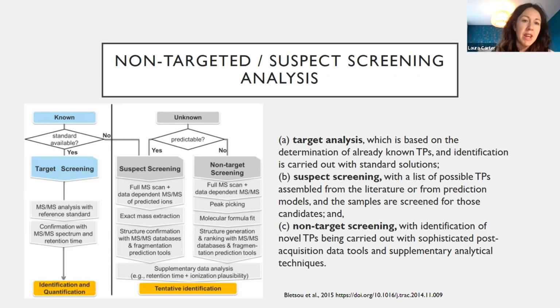I don't have enough time to go into non-targeted and suspect screening, but suffice to say that what I've talked about in the analysis section is targeted analysis. So when you're developing a method based on the determination of analytes that you know and you want to quantify, these are the ones that you can then analyze and work out the concentrations for.